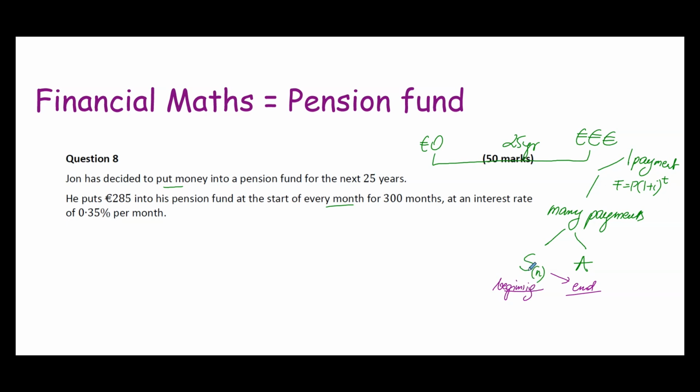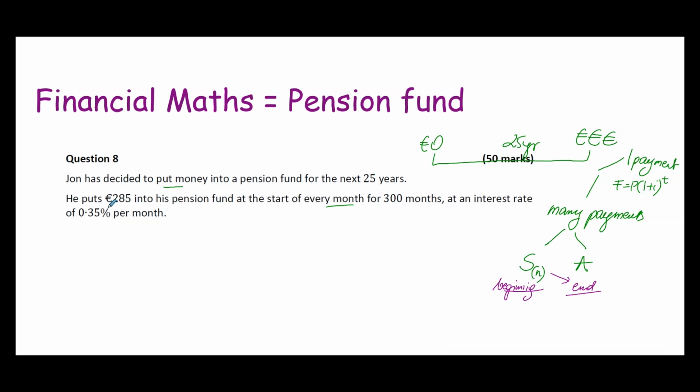That's the difference. That formula will always work as long as it is many payments. If we are talking about the end of the month, we actually have two options, and there will be another video after that where I show you an example that both of those formulas can work. But let's focus on this part.